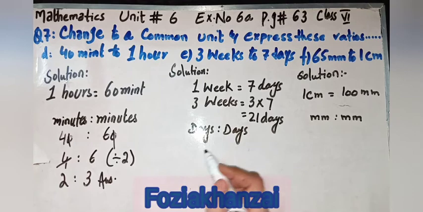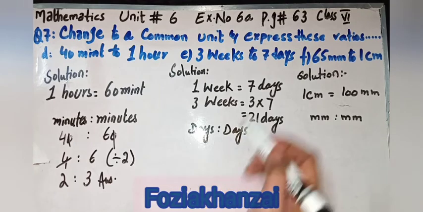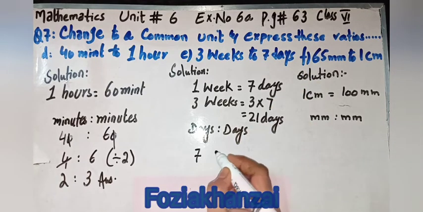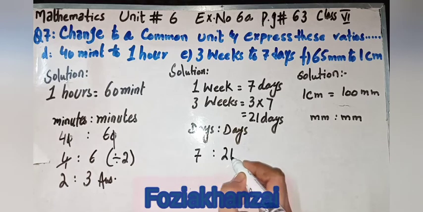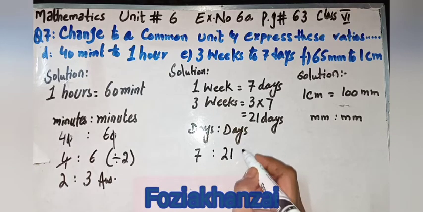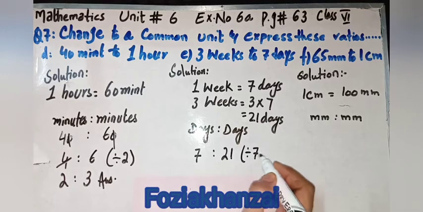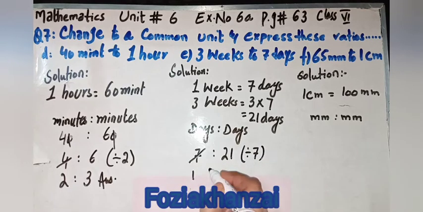Now we have the same quantity on both sides, days. So first we have 7 days already given and 21 days. Reduce by 7. 7 1s are 7. 7 3s are 21. 1 is to 3 would be the answer of part E.